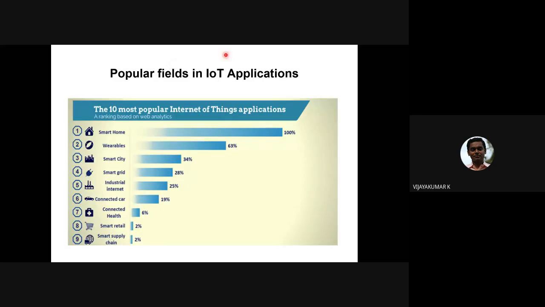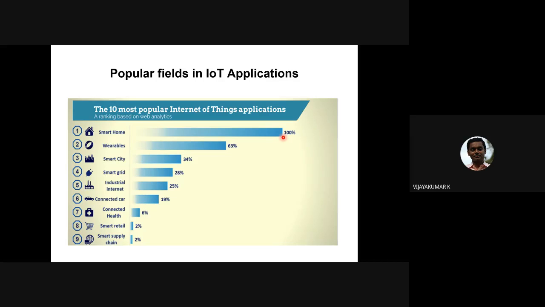When we come to the applications of IoT, there are a number of areas. In these areas, if you look at it, on the top you have the automation of houses. They are saying it's 100%.